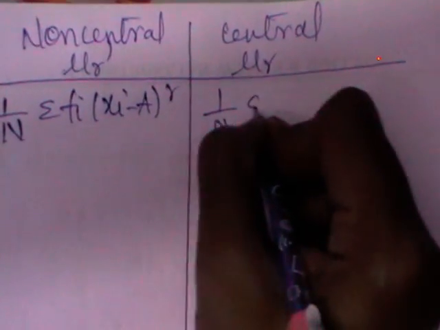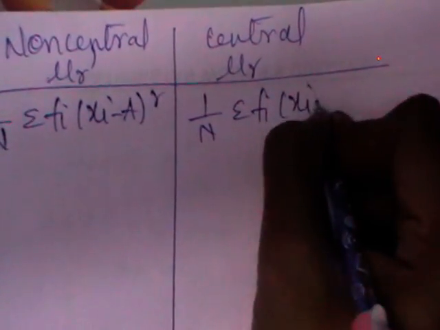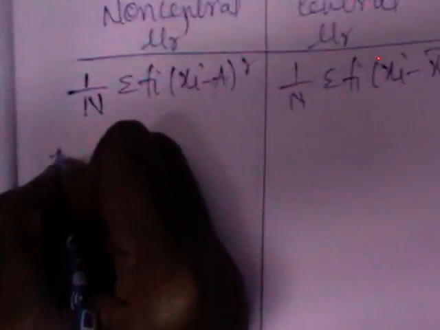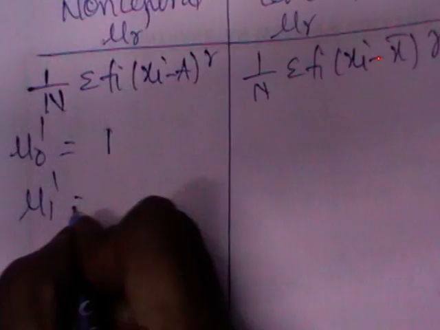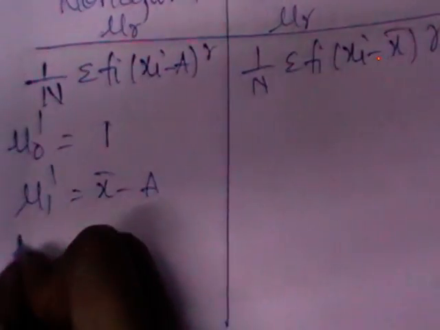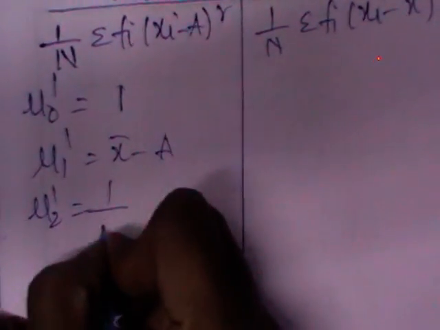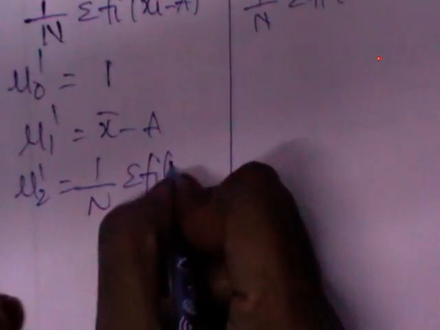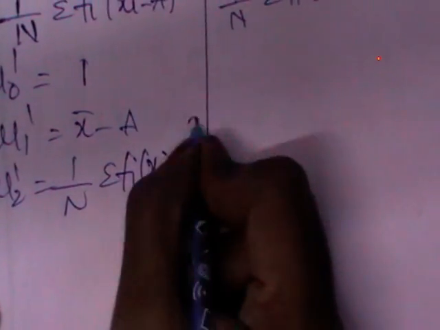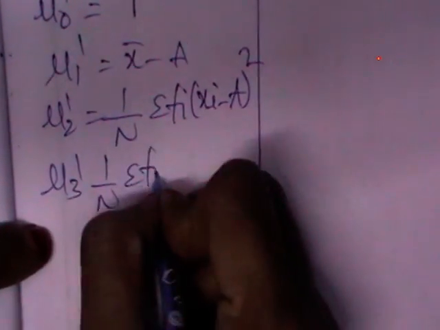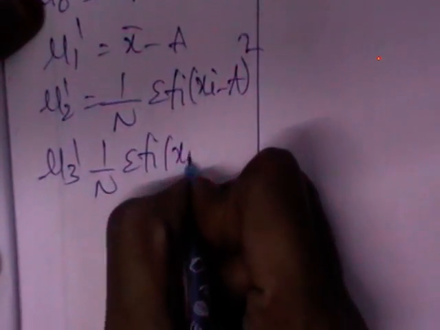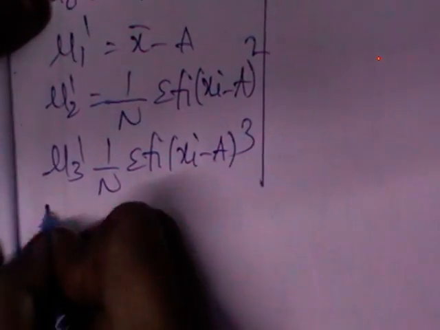The central formula is 1 by n sigma fi into xi minus x bar whole power r. The first four moments: mu 0 dash is 1, mu 1 dash is x bar minus a. For mu 2 dash you don't have a separate formula, just write it as it is by putting r is equal to 2. Then mu 3 dash. Only the first two have simplified expressions.